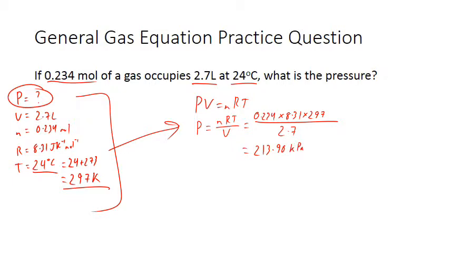Now, if we have a look back at our data, obviously here we only have 2 sig figs, here we only have 2 sig figs. We have 3 for mole, but because we've only got 2 here, we would want to express this in 2 significant figures. Best way to do that in this case would be 2.1 by 10 to the 2 kilopascals. Okay, and there's our answer for our pressure.